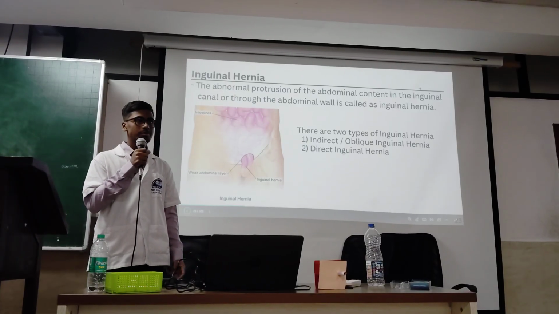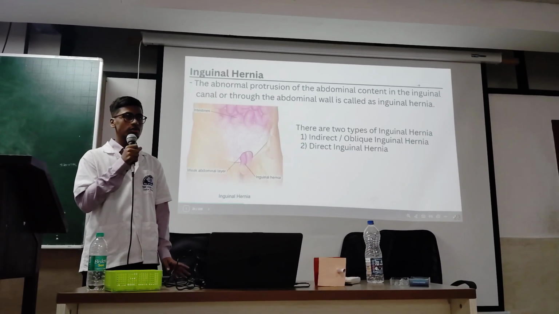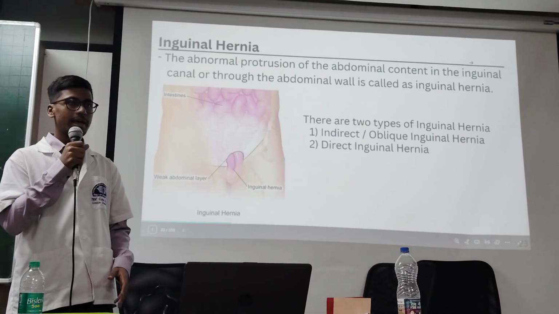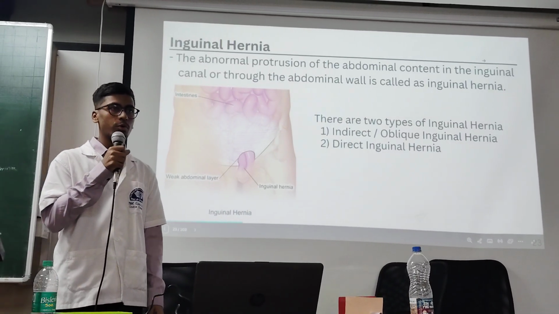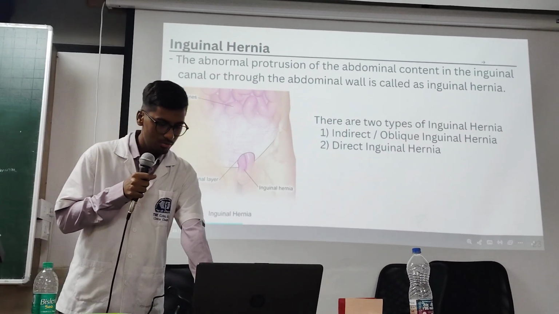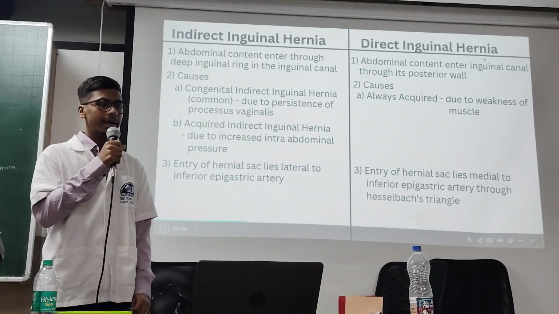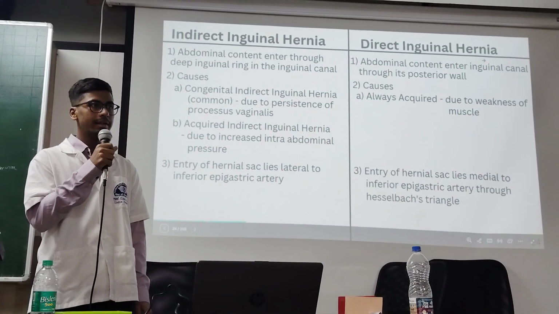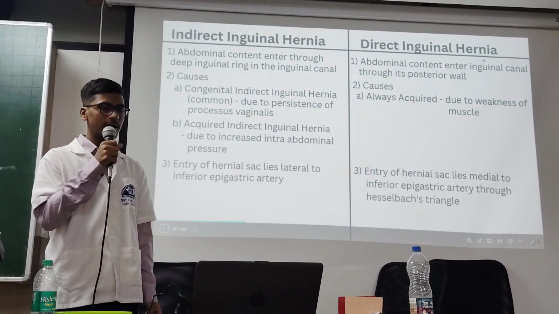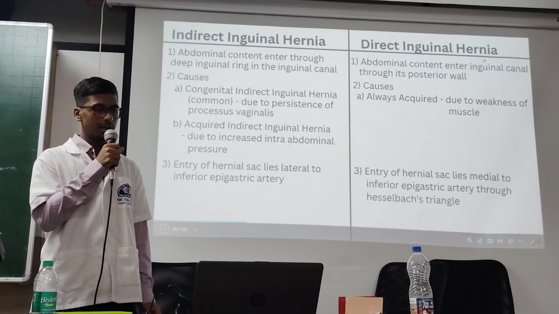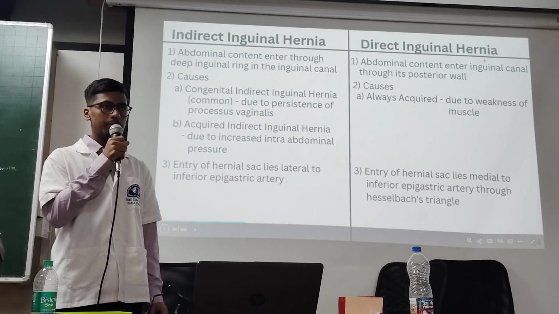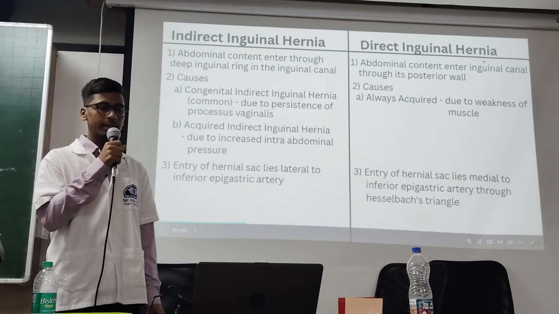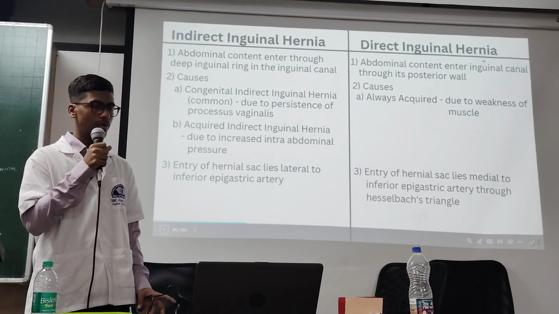These two types are differentiated on the basis of where the hernial sac protrudes. In indirect hernia, the abdominal content enters through the inguinal canal, and in direct inguinal hernia, the abdominal content enters the inguinal canal through the posterior wall.